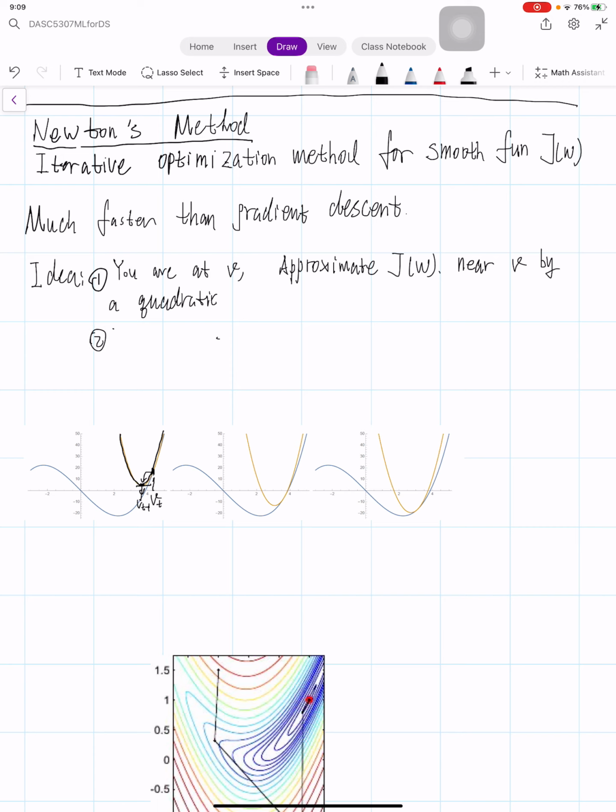Second step, jump to the unique critical value. And then repeat: you repeat 1 and 2 until it converges.